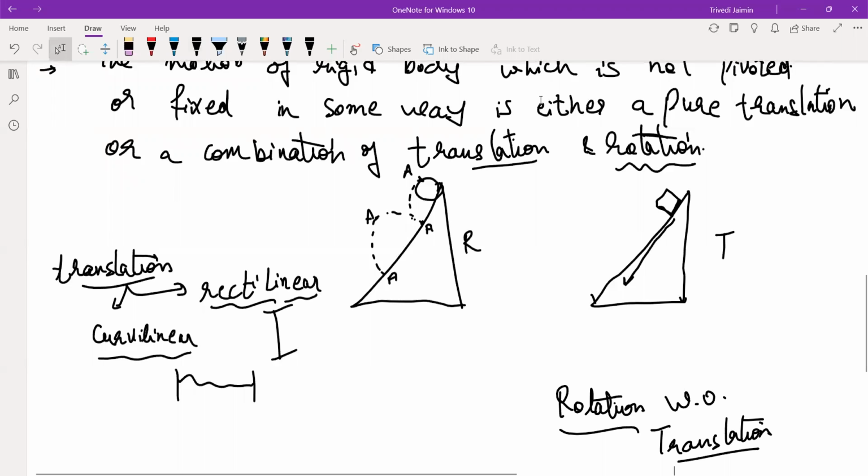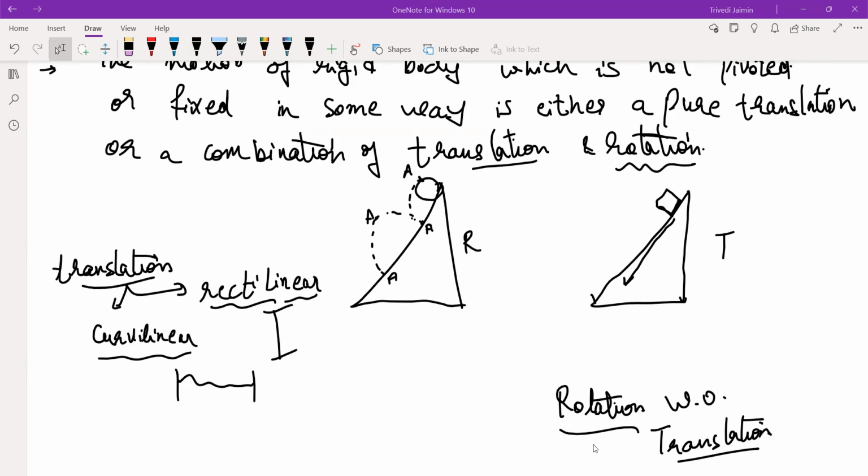No, sir, it's not possible. It has to change place, so we need translation. Okay.